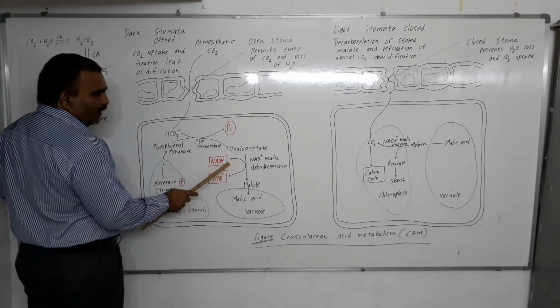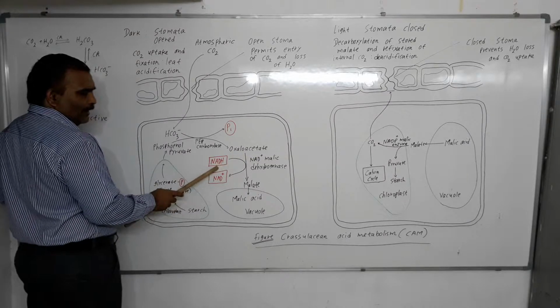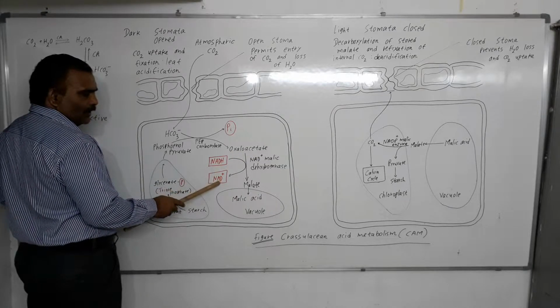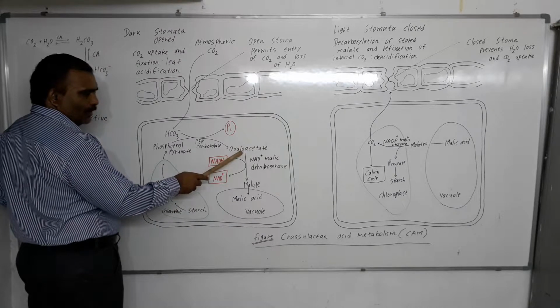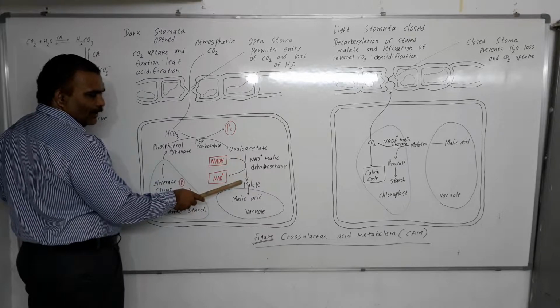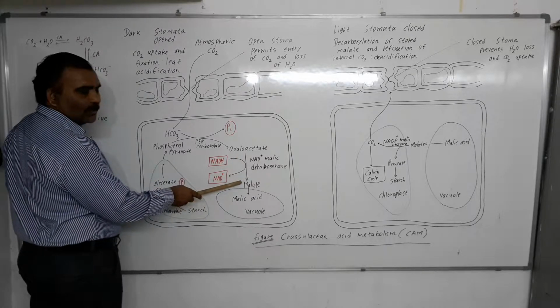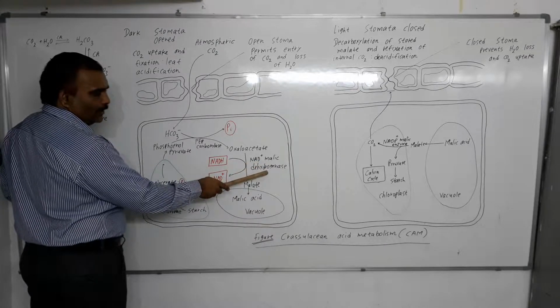Now reduction of oxaloacetate occurs. Here NADH is converted into NAD plus, so this hydrogen we will add into oxaloacetate. So oxaloacetate is converted into malate, and the enzyme responsible for this reaction is NAD plus malic dehydrogenase.